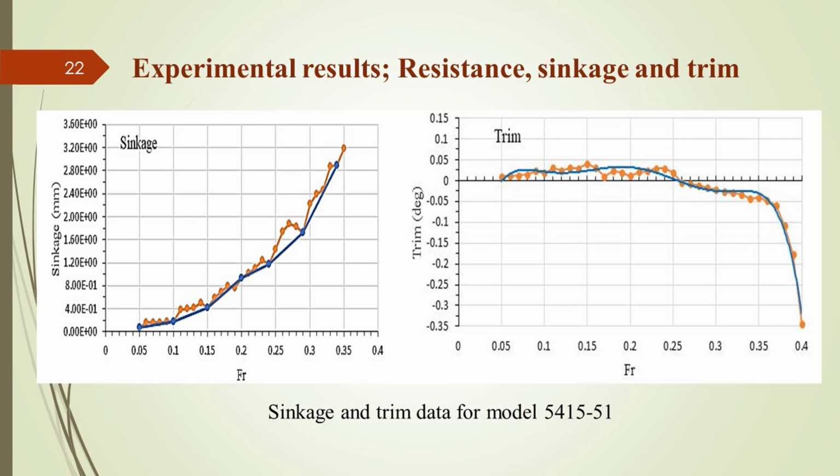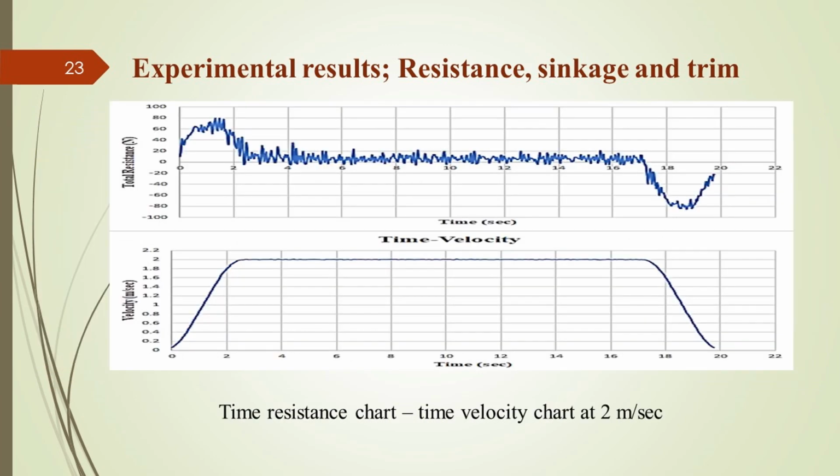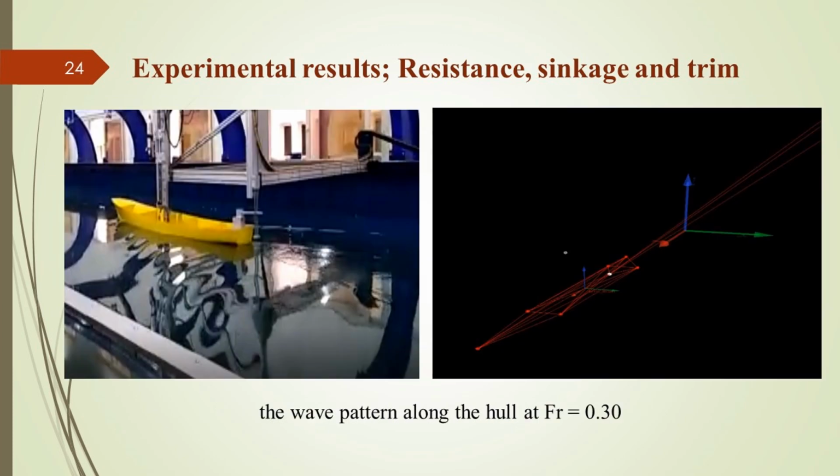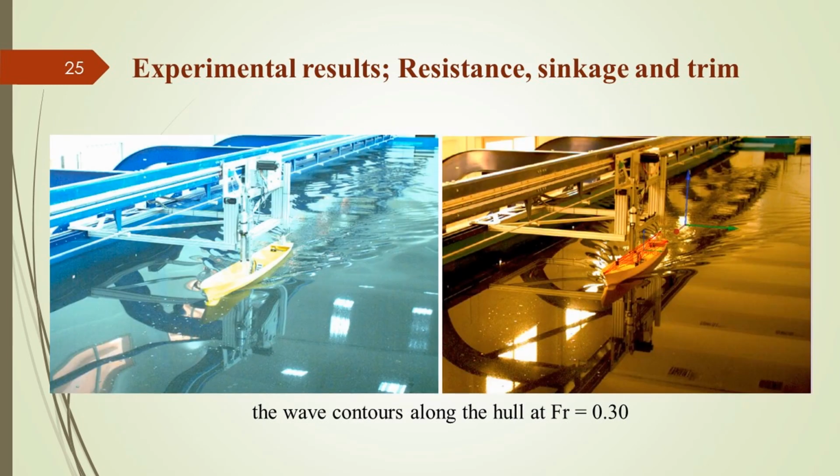And these are calculations for sinkage and trim. This is the time resistance chart and time velocity chart at 2 meters per second, two charts. And we can see the wave pattern along the hull using the cameras in the towing tank and the wave contours along the hull at Froude number 0.3.